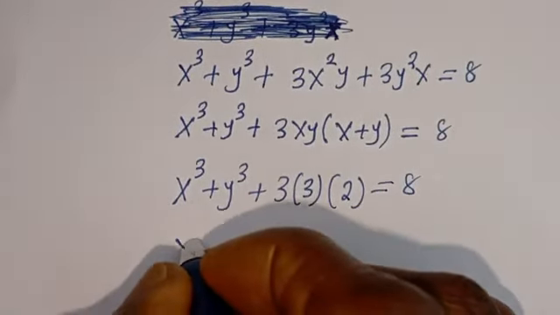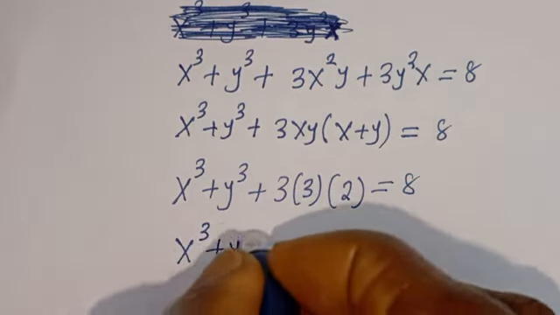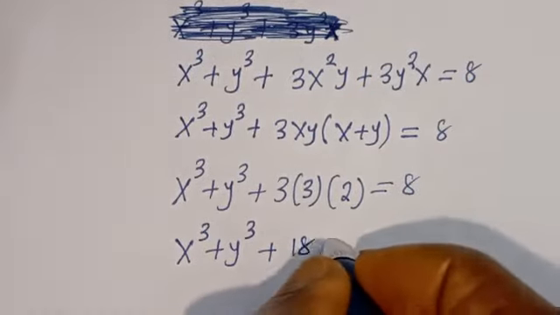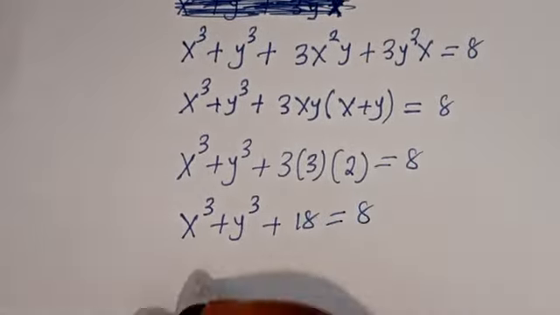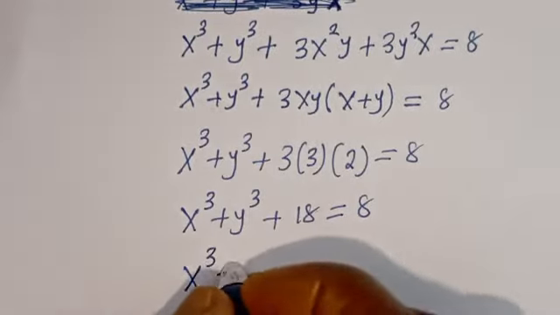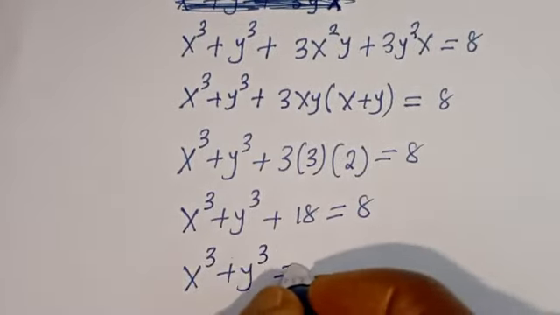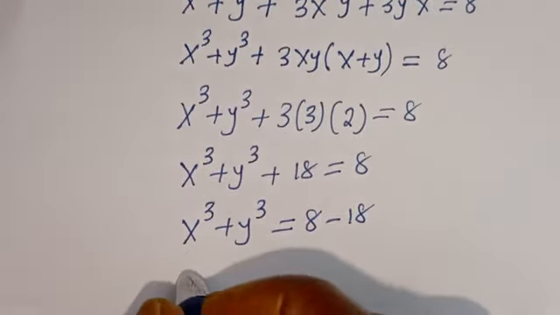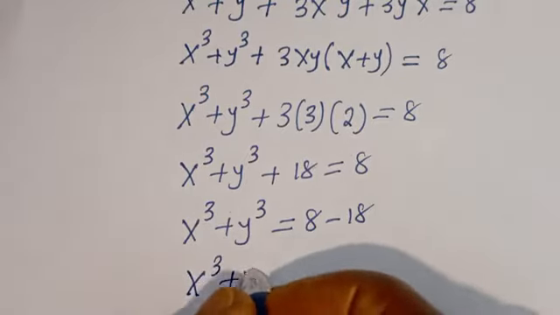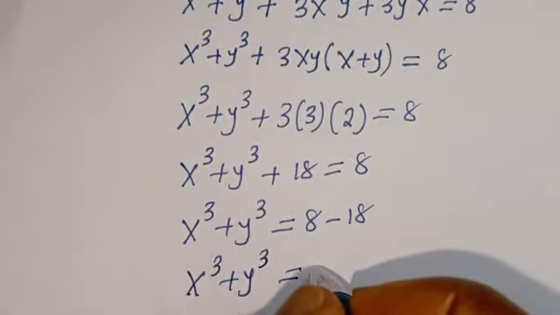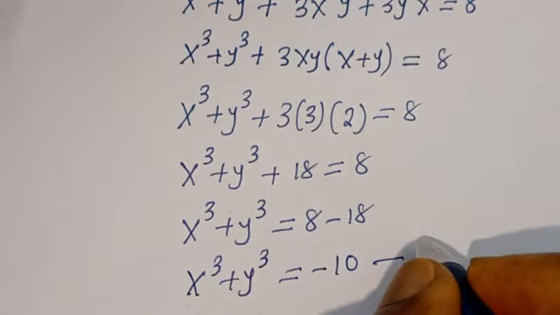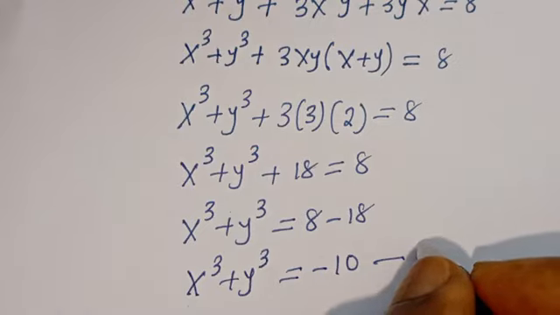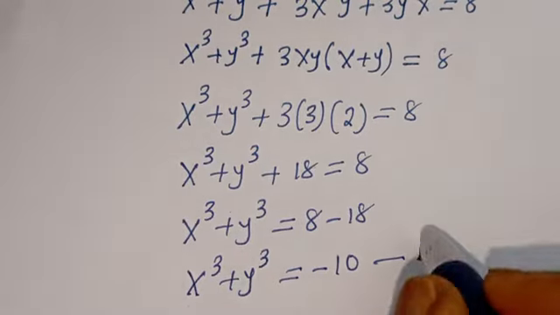And here we have x to the power of 3 plus y to the power of 3 plus 3 times 3, 9 times 2, that is 18, is equal to 8. Then we have x to the power of 3 plus y to the power of 3 is equal to 8 minus 18, which is minus 10. This is equation 5.